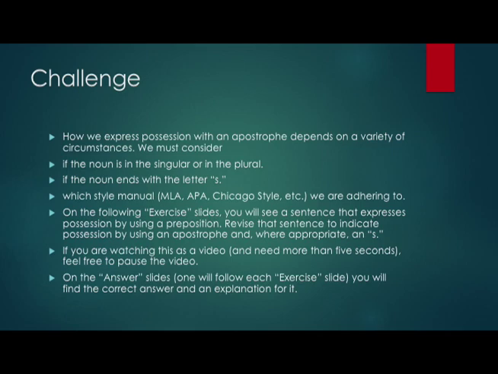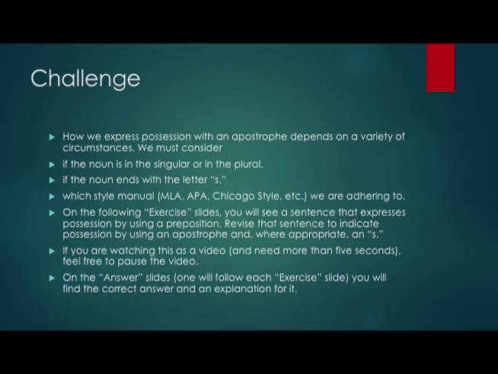All right, so on the following exercise slides, you will see a phrase or clause. I would like you to determine if it is an independent clause or a complete sentence, in other words. If it is a fragment, please revise it to make it a complete sentence, either by adding an independent clause at the end, or if there's just a component missing that would fix it, add that component.